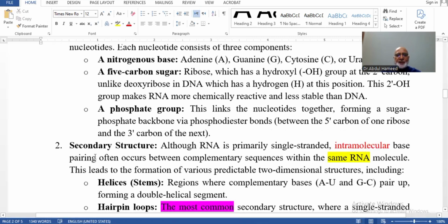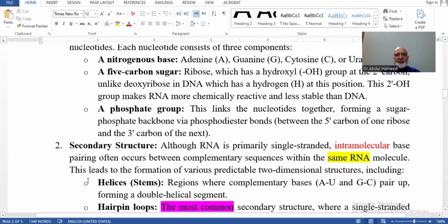So secondary structure: although RNA is primarily single-stranded, intramolecular base pairing often occurs between complementary sequences within the same RNA molecule. This is important. There is no counterpart. There is no other chain as compared to DNA.